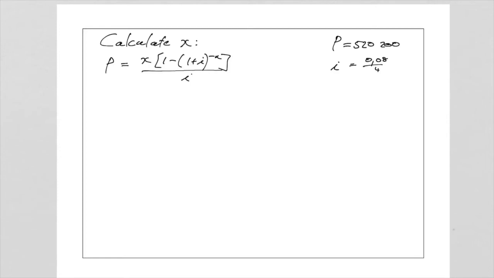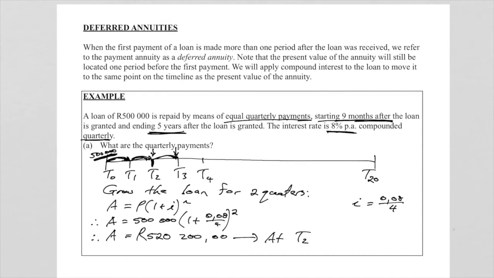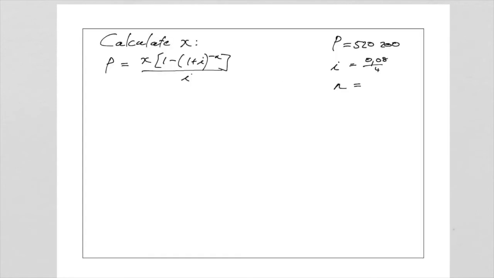And then what we need to think about is how many payments there will be. You will agree with me, if I go back to the previous screen, that we said there will be 20 quarters, but please take note, in the first 2 quarters there were no payments. So that means n will be 20 minus 2, so 18 payments only.